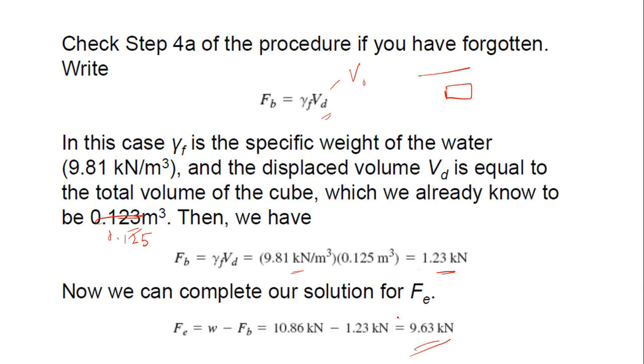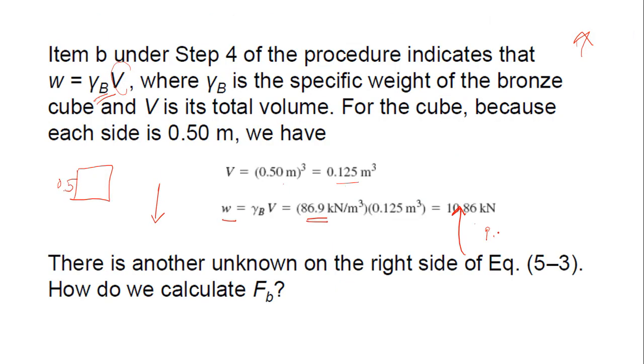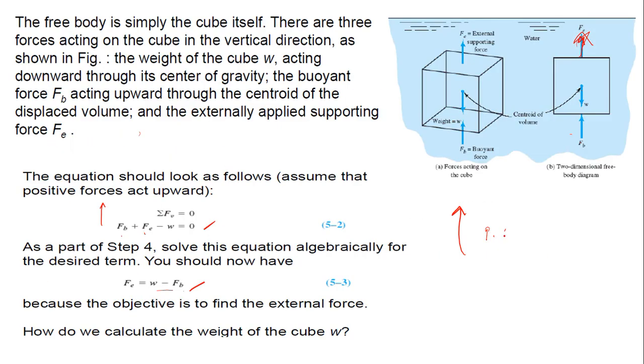Since this value is positive, not negative, that means your assumption that FE is going upward is correct. So the answer is the direction goes up, and the magnitude is 9.63 kilonewton. So that's your final answer.